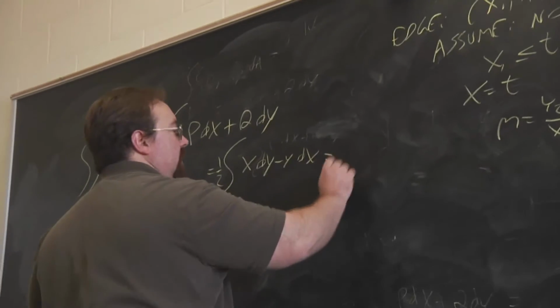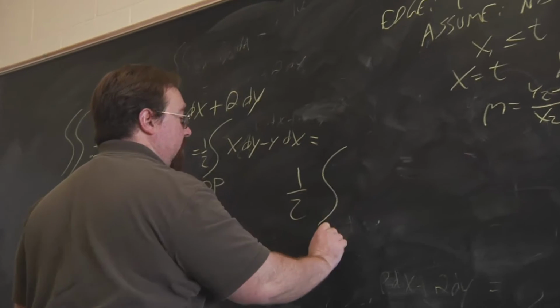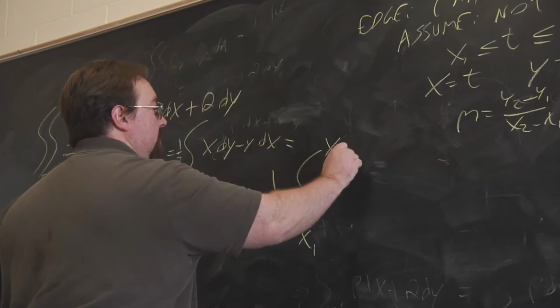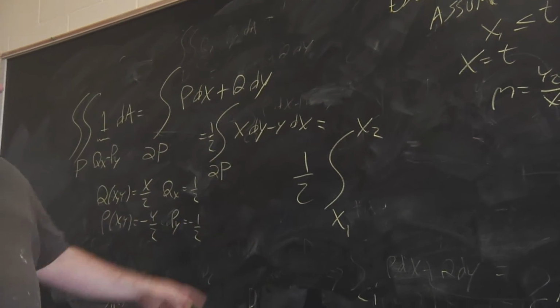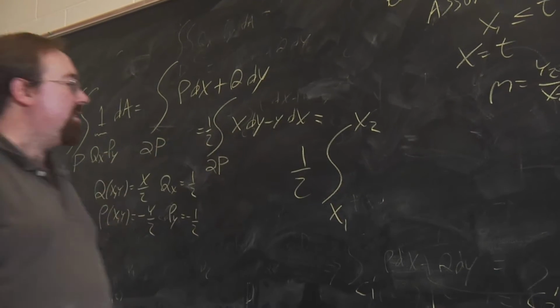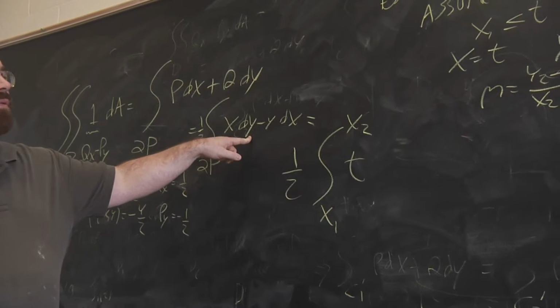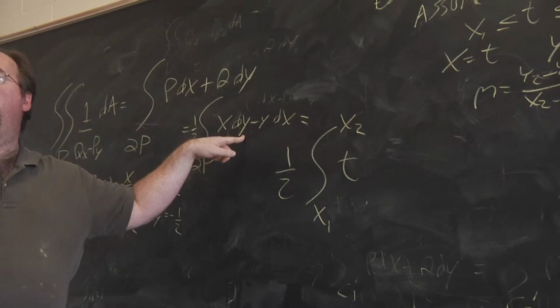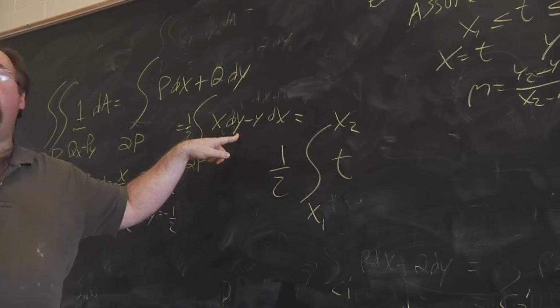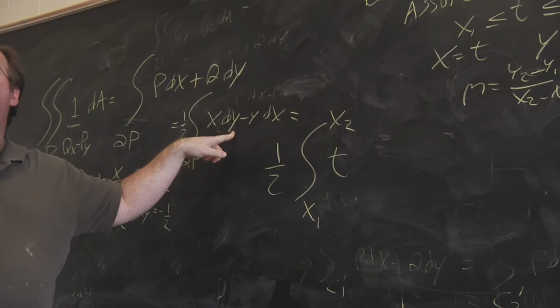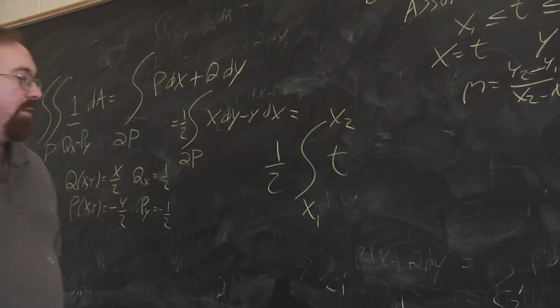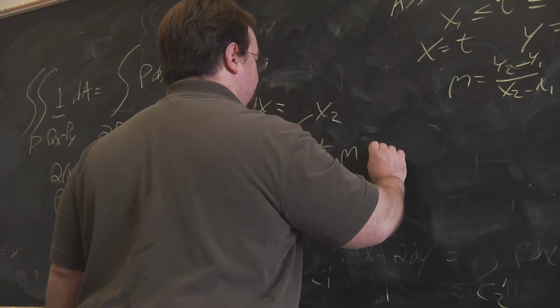So that's going to be 1/2 the integral from x1 to x2. Now x is going to be t. dy, what is dy going to be? Good, so we need dy/dt.